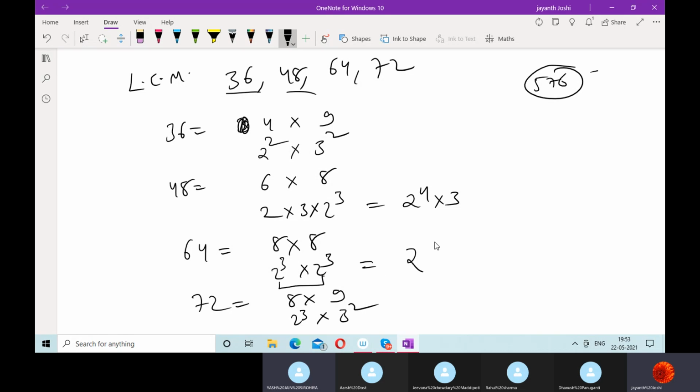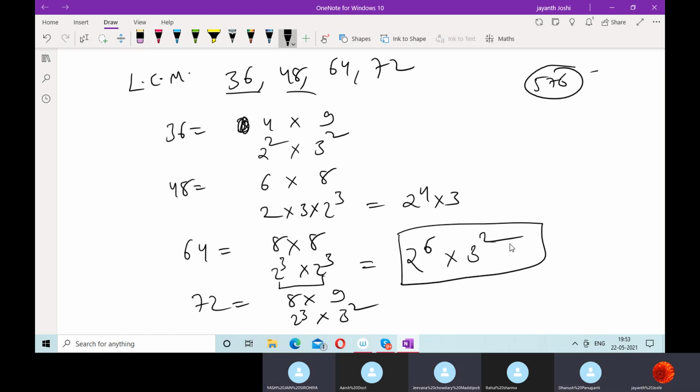And then the biggest power of 3 is what? 3 power 2. And what is the answer now?